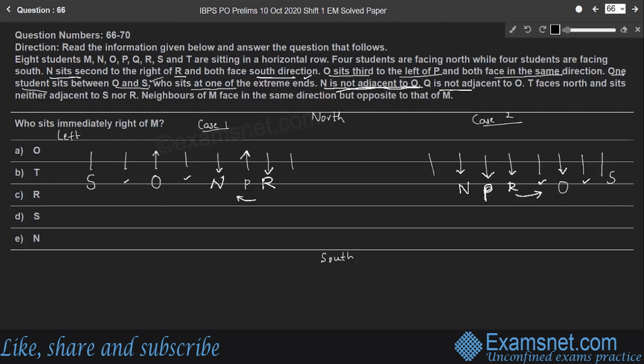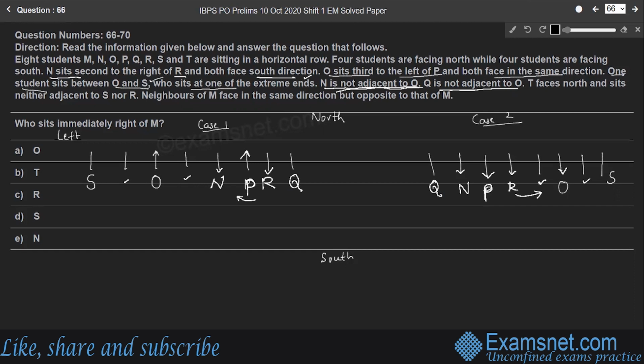So Q is not adjacent to O. So we cannot consider position of Q here adjacent to O, right? So already who is sitting here? P is sitting here. Therefore, only the position for Q is here at the extreme right end, right? And in the second case also, only the position for Q is here at the extreme left end in the second case, right? So what is the direction of Q for that?